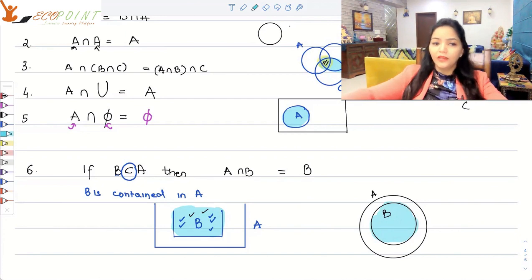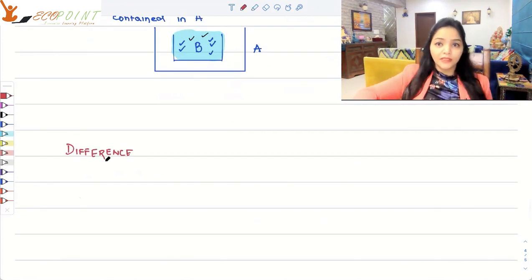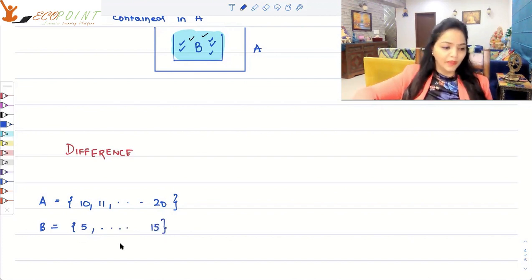The next very important operation on sets is the difference. So difference is another very important operator. Suppose we have a set A, which is the set of all numbers from 10 to 20, and B is a set of numbers from 5 to 15.